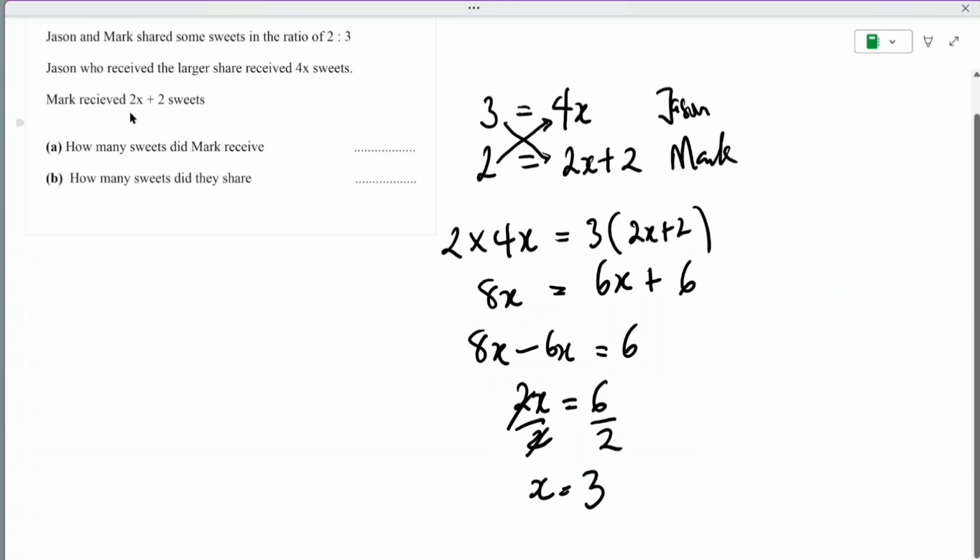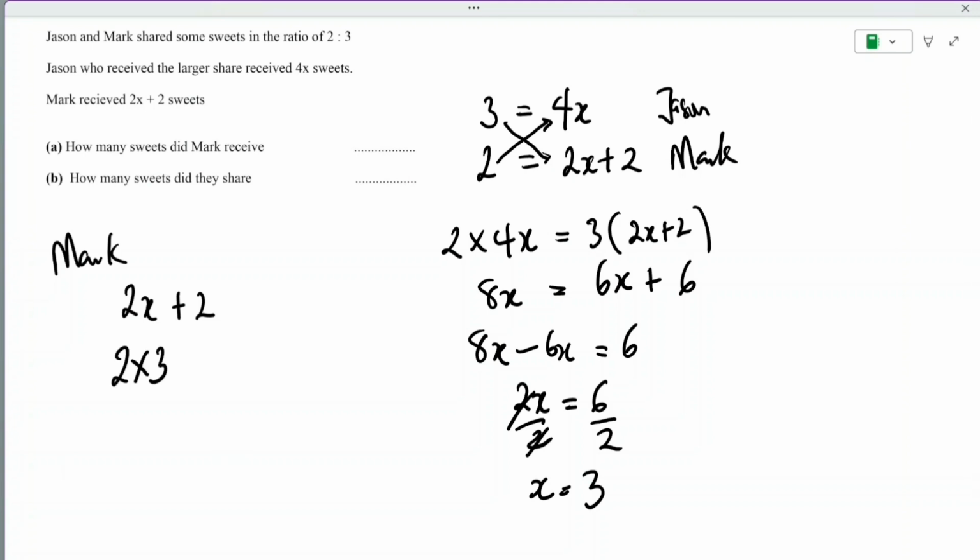Mark received 2x plus 2 sweets in algebraic form, and we know x is 3. So for Mark, we have the number of sweets he received as 2x plus 2. We know x is 3, so we change the value of x here to 3, and the x is linked to the 2 by times, so you have 2 times 3 instead of x, plus 2.